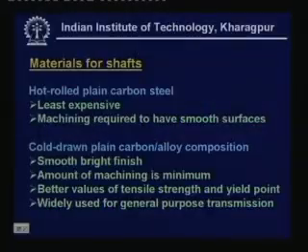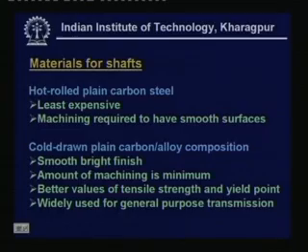Next one is cold drawn plain carbon, or it could also be an alloy composition. Because it is cold drawn, it has the inherent characteristic of a very smooth, bright finish, and the amount of machining is also very minimal.